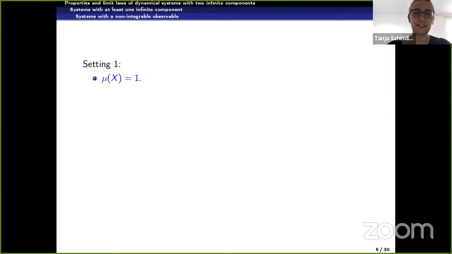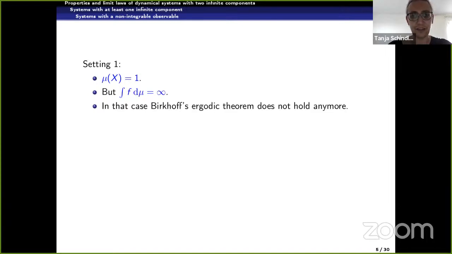So our first setting is that our system has a probability measure and our function f is non-integrable. And in this case, Birkhoff's ergodic theorem, for instance, doesn't hold anymore.